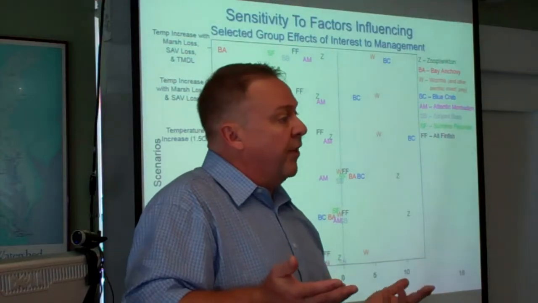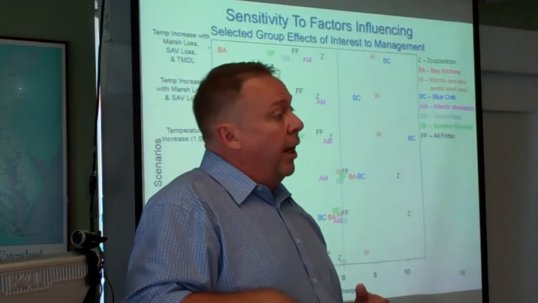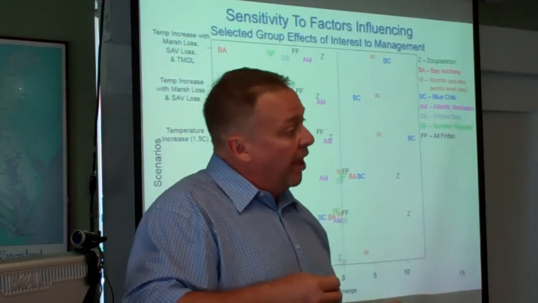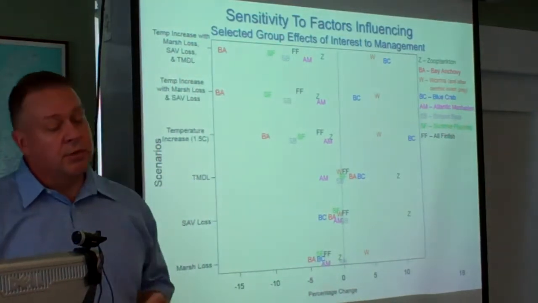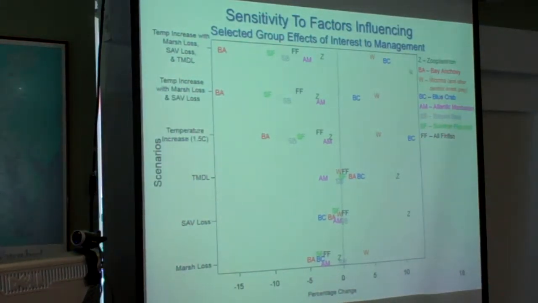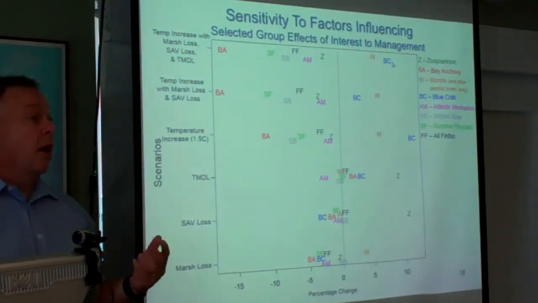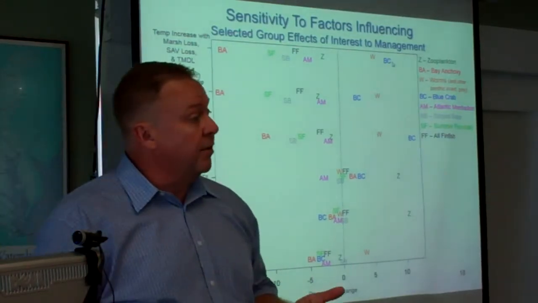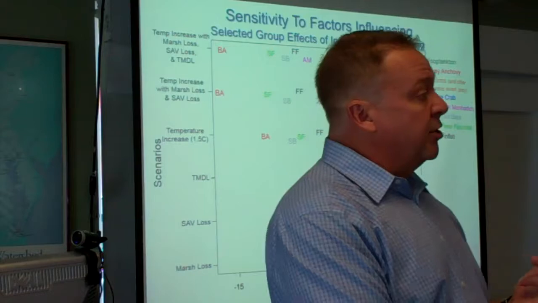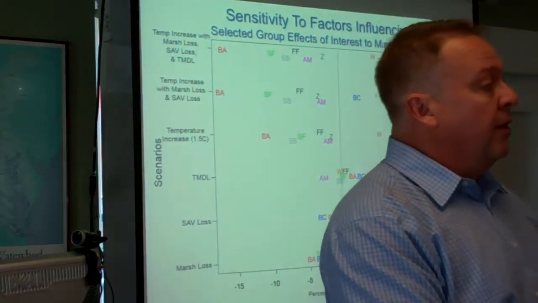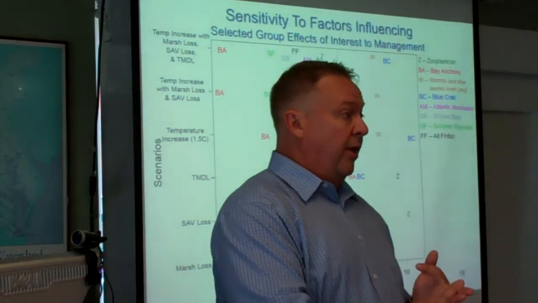There are other temperature effects that I haven't modeled yet. This is, again, just simply physiological change for all the groups. Other changes that could be modeled are the timing of life history events, the timing of migration in and out of the system, the timing of spawning events.